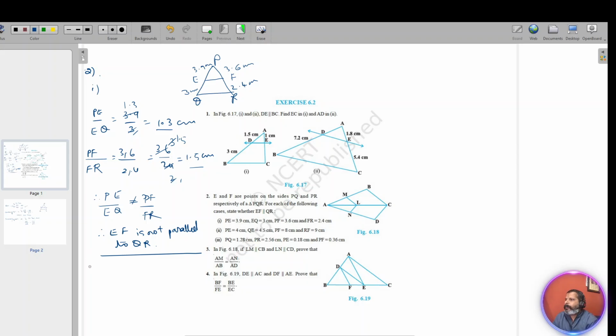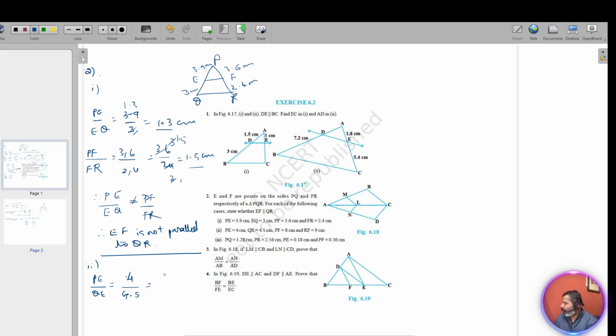We'll solve the second one. Similarly, a similar figure will come. So I'll just write the ratios here. You have to draw the figure also, the same way, with the new values. I'll compare PE by EQ, or they are given QE, both are the same. Then PF. They are given PF, sorry, 4 and 4.5.